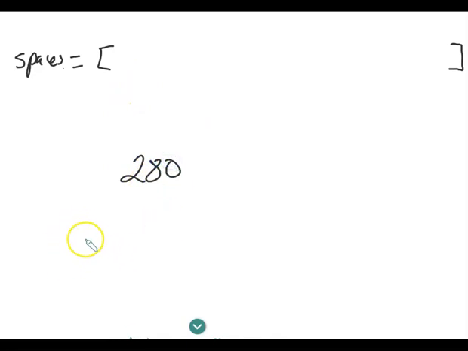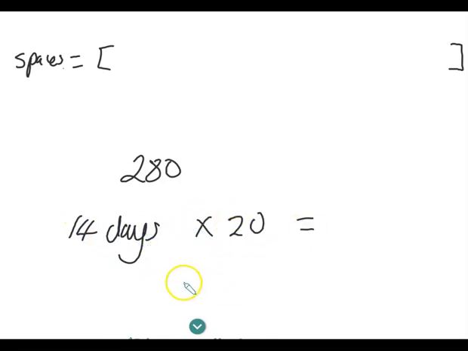And the way that we're going to structure it is we're going to have, I'll call it spaces, for example, like that, and it will be 280 array elements long. So it's going to have 280 elements. And the reason for that is we've got 14 days and we're timesing that by 20. If you times 14 by 20, it's actually 280.